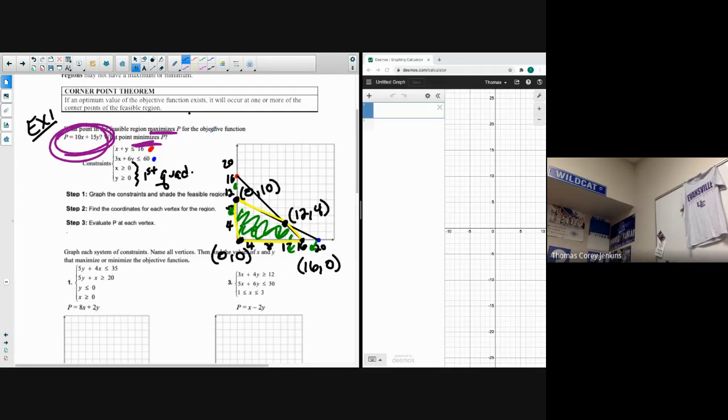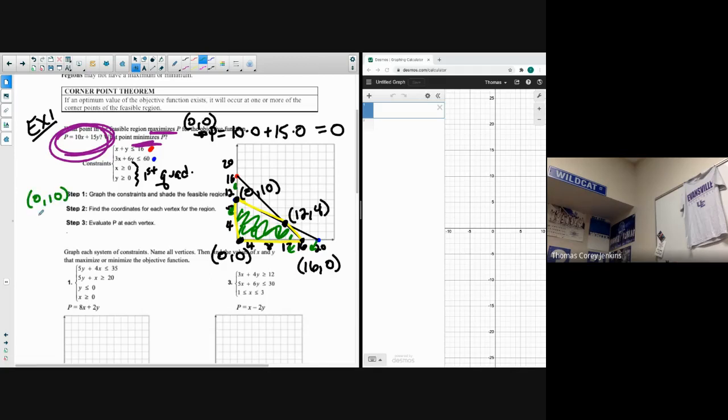If x is 0 and y is 0, then P would be 10 times 0 plus 15 times 0, which is 0. I'm going to run out of space here, so I'll do the rest of them over here. The next one I'm checking is (0, 10).